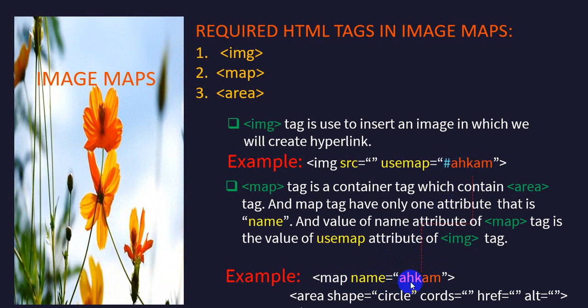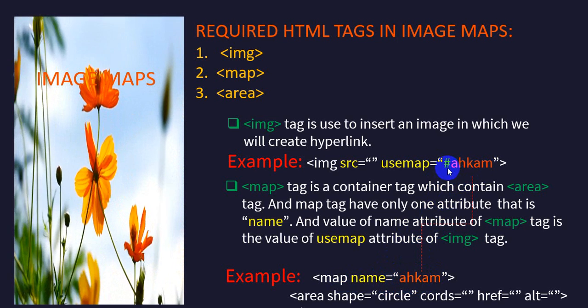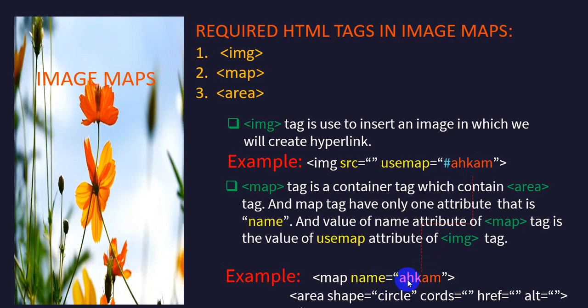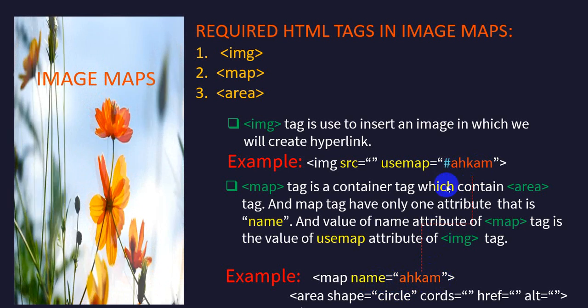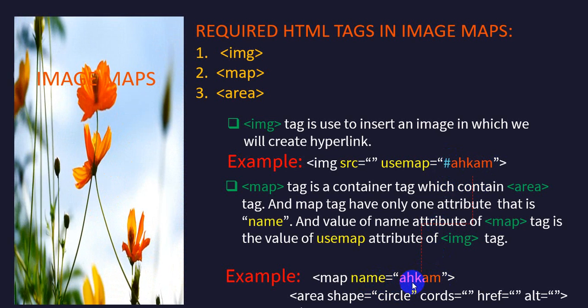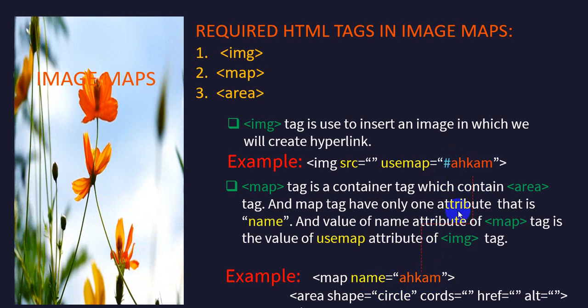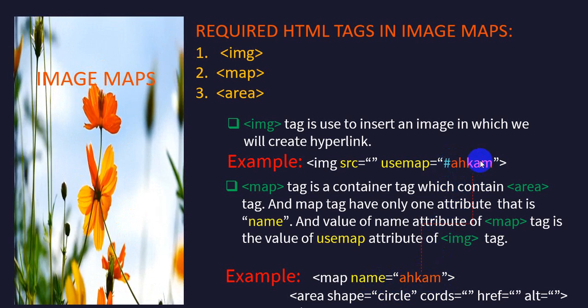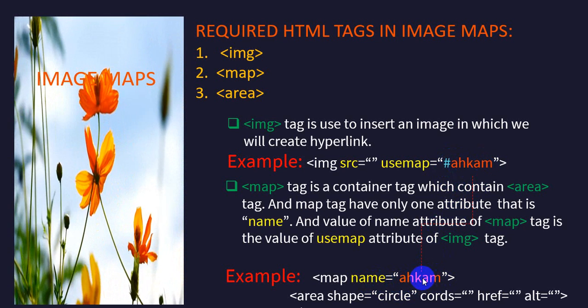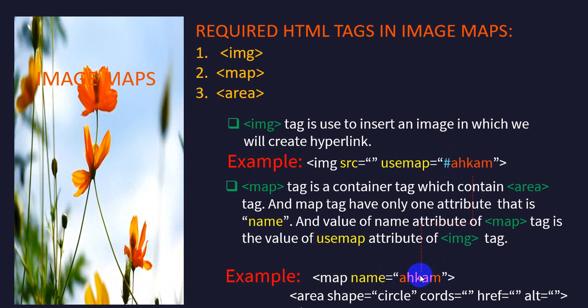Getting it, student? Here I have written hash account, but inside map name you have to write only account. For example, if you have written hash 123, here you write only 123. If you have written hash kms, here you write only kms. Means the value must be the same.